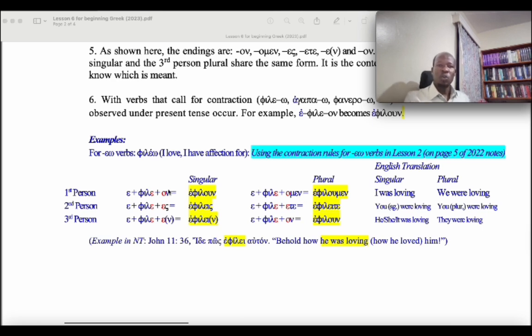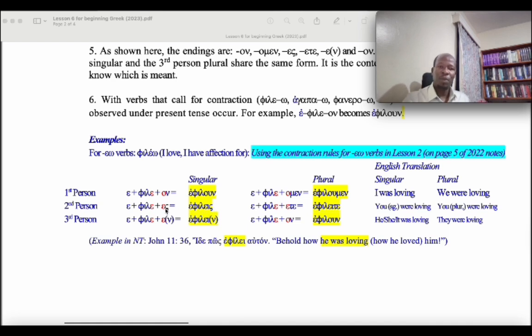We were loving. Go back to your lesson 2 and check page 5 of the notes. The idea is this: when the stem ends with a vowel and then you have another vowel, the contraction between these two vowels will result in a different form.